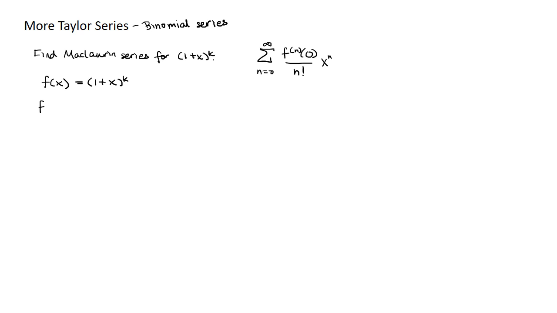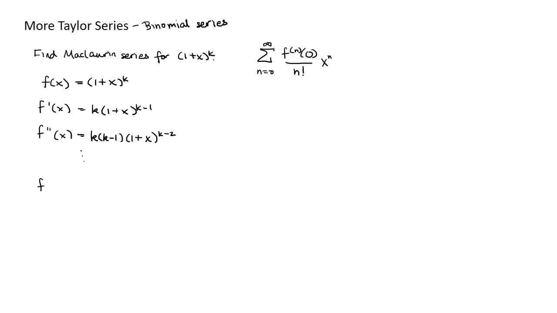Okay. So our function is (1 + x)^k. The derivative is k times (1 + x)^(k-1). The derivative of that is k times (k-1) times (1 + x)^(k-2), and so on.